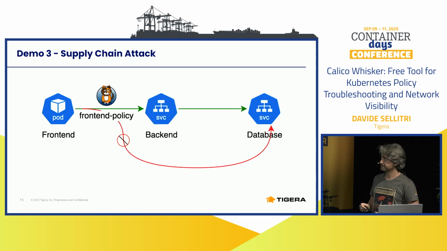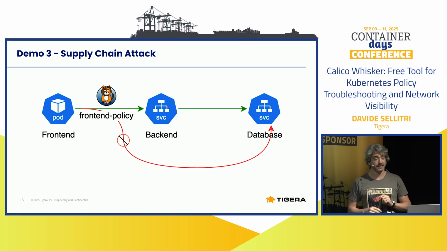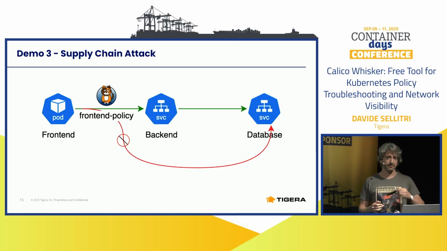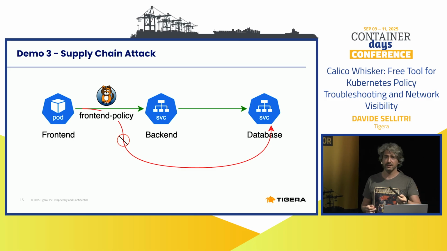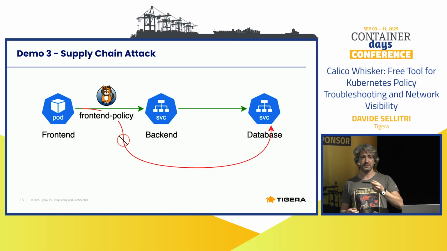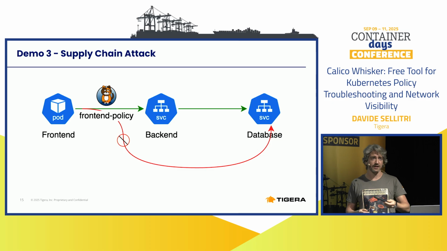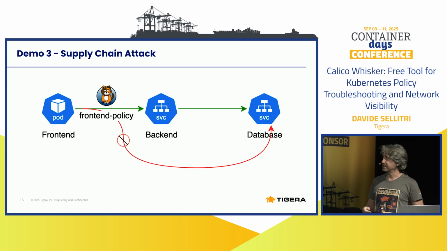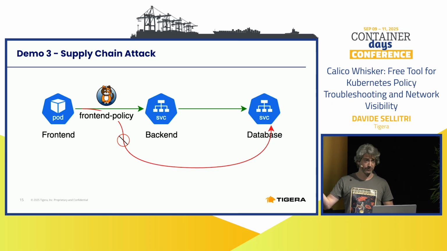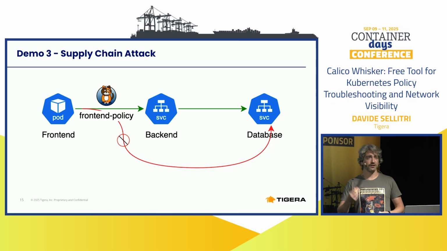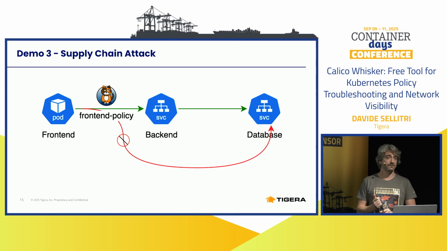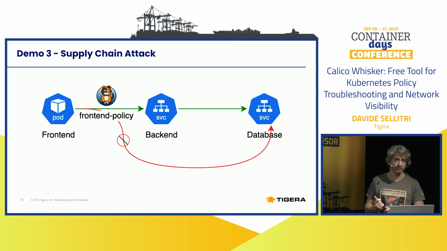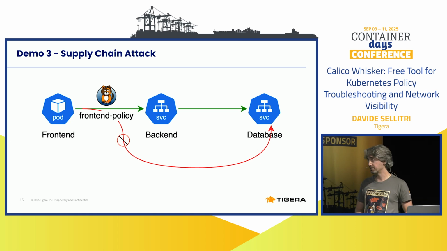And the third demo, I'm going to simulate a supply chain attack where I upgrade my application, and my application starts misbehaving, doing something that it was not doing before. Thanks to the policy, the traffic was denied, but also thanks to Calico Whisker, I'll be able to see this in a few seconds rather than spending hours trying to understand what happened.